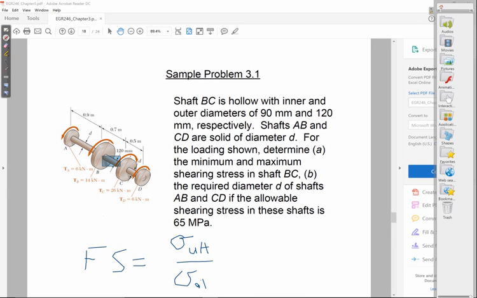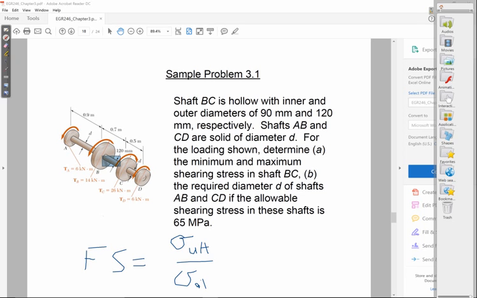Another way of giving you a problem like this would be to give you a factor of safety. If you were given a factor of safety, then you take your ultimate stress and divide it by the factor of safety to end up with your allowable stress. And the allowable stress, of course, is the largest stress that you're going to allow to be applied.